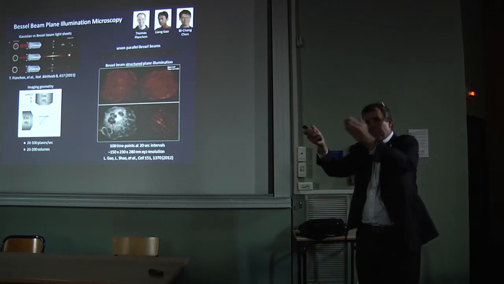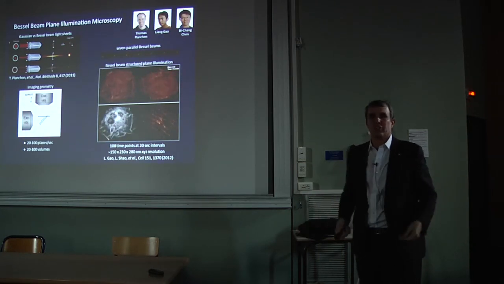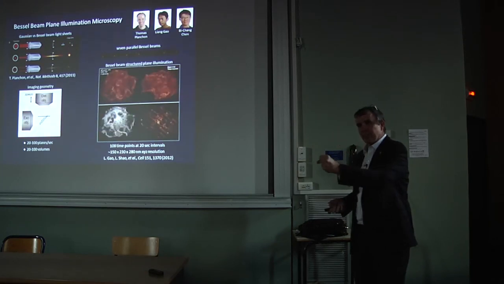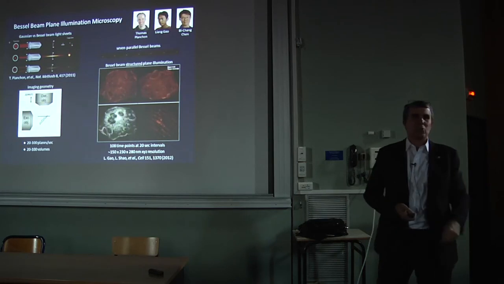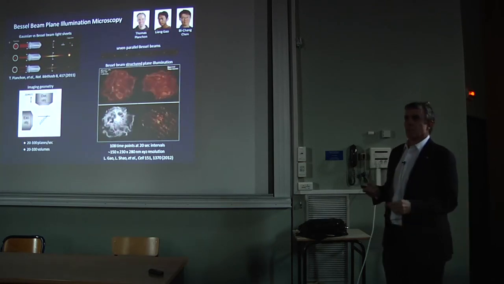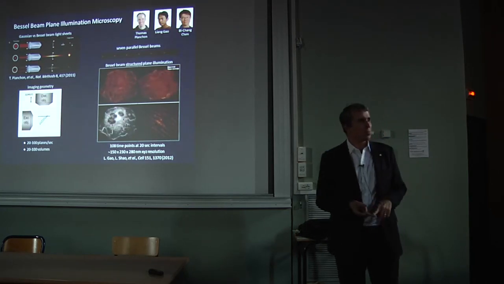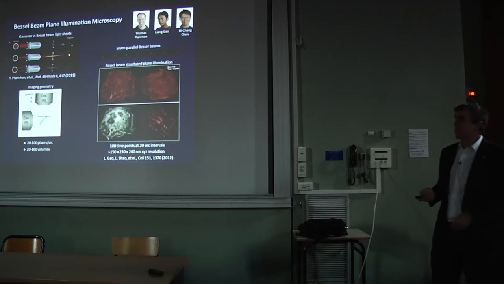Because not only do you have these cones of light above and below the focus, which is doing all of this damage and bleaching, at the focus itself you have an actinic spot of light that's leaving death and destruction in its wake as it goes along. And so the moral of the story is a line is better than a point and a plane is better than a line. So why should we stop at 7 beams?